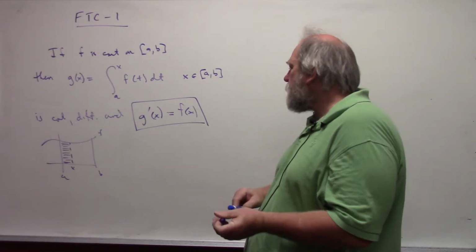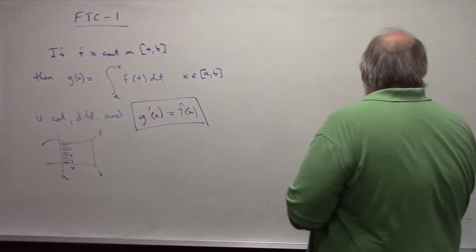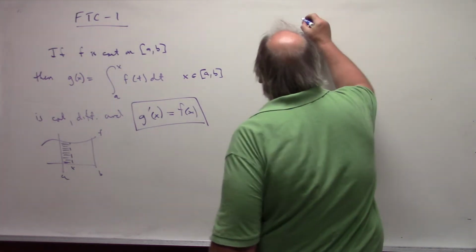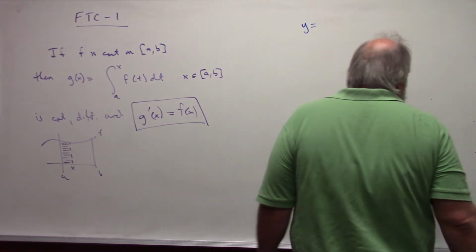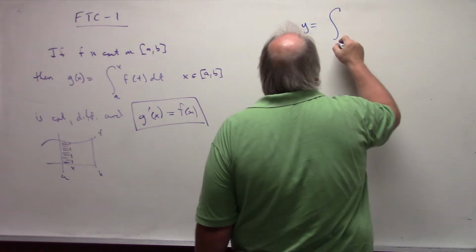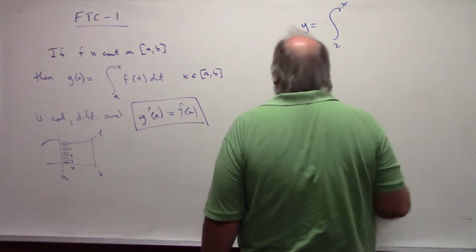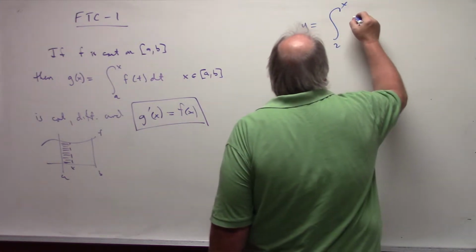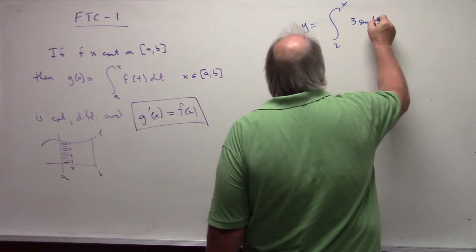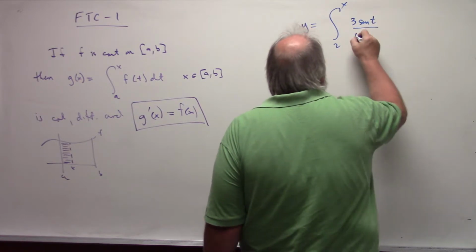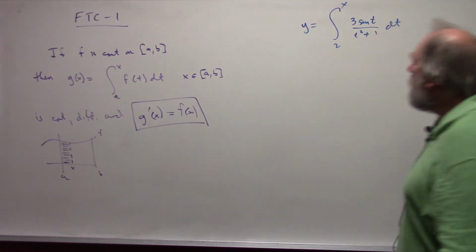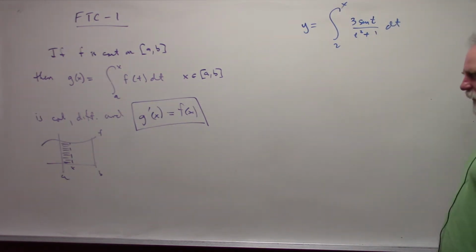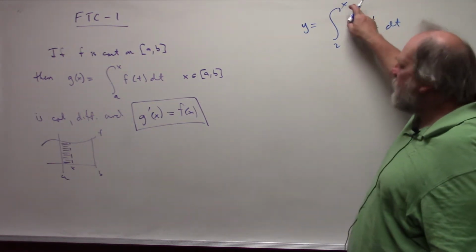So, we want to look at some applications. If I have y equals, that's going to be my g, the integral from 2 to x of 3 sine t over t squared plus 1 dt. Notice here, before I go any further, the variable is in the upper limit.